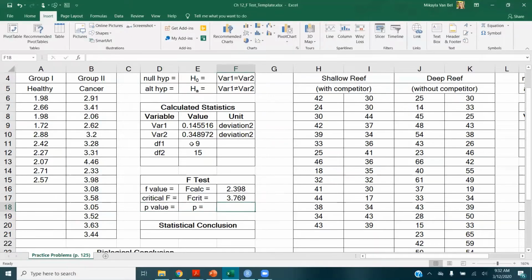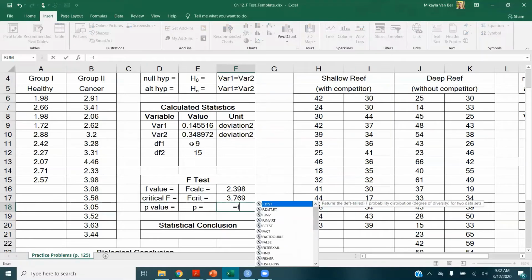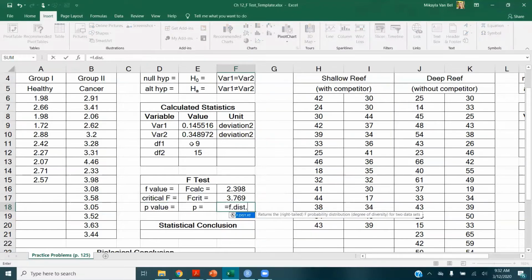The next step is to find the p-value. To find the p-value, we're going to use the function f.dist.rt. Again, we're always using the .rt function for the F-test. The first argument is the F-calc value. And again, we have the same thing with degrees of freedom.